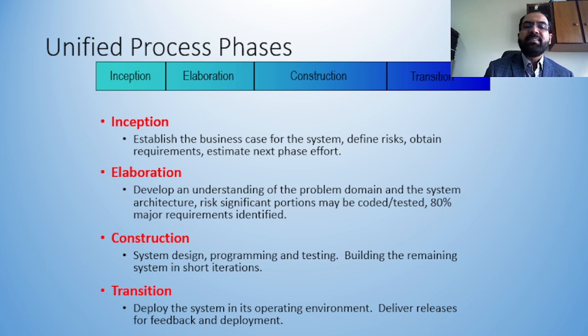So all these things become relevant when we talk about elaboration. So for example, a class model itself, a detailed class model itself is a very good design model for the elaboration phase.